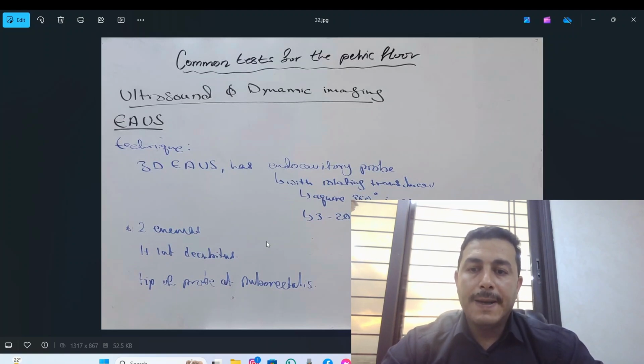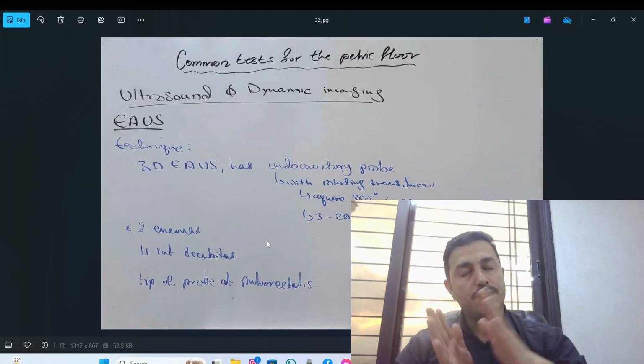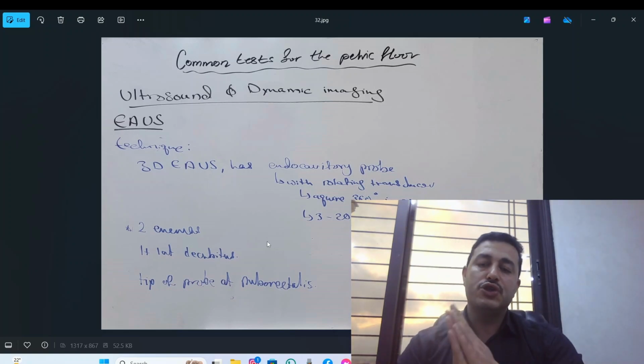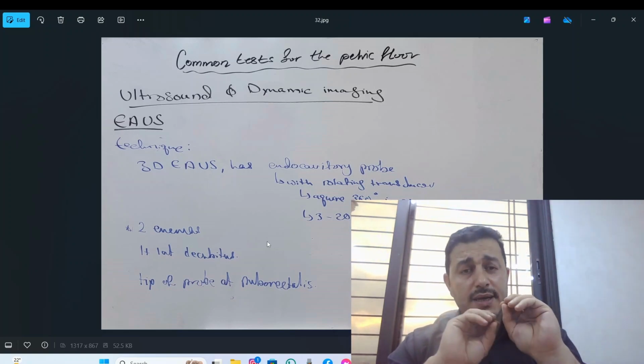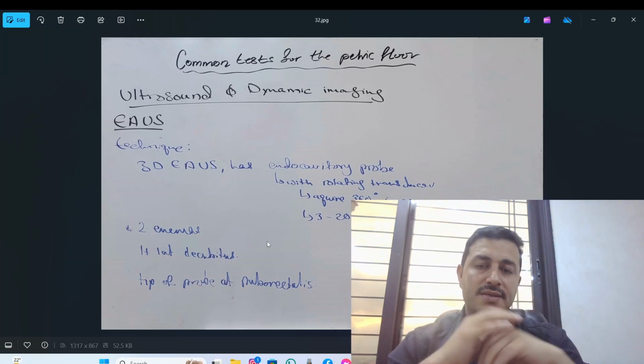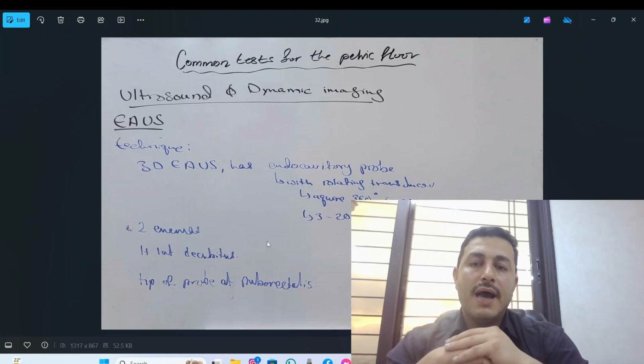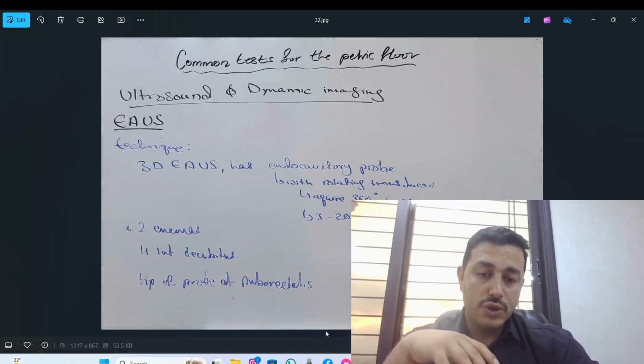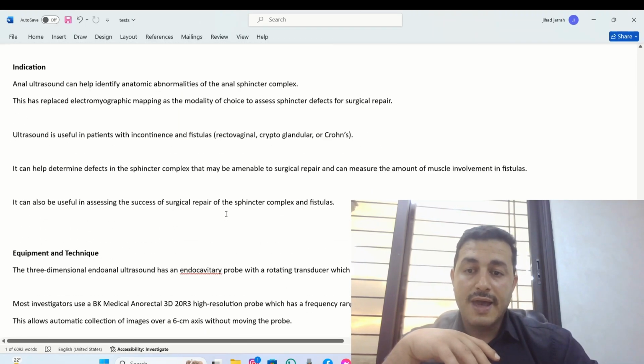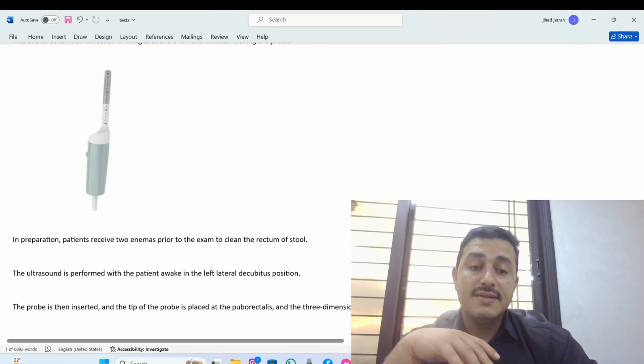Okay, the technique: the patient should be positioned in the left lateral position and given two enemas to clean the anal canal. What we see is that the endoanal probe is inserted.